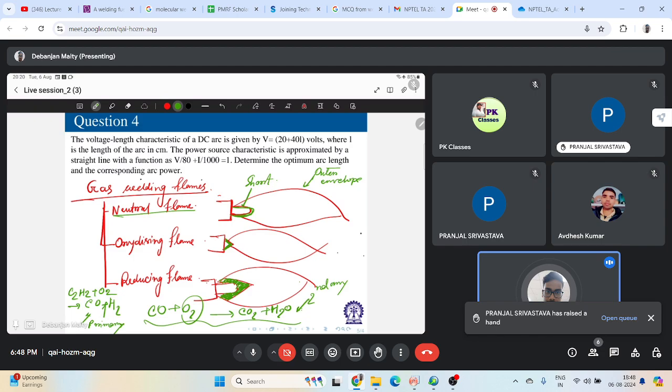So my current density will start to increase, right? And finally, the current density rises to such a high value that those metallic bridges will start boiling.